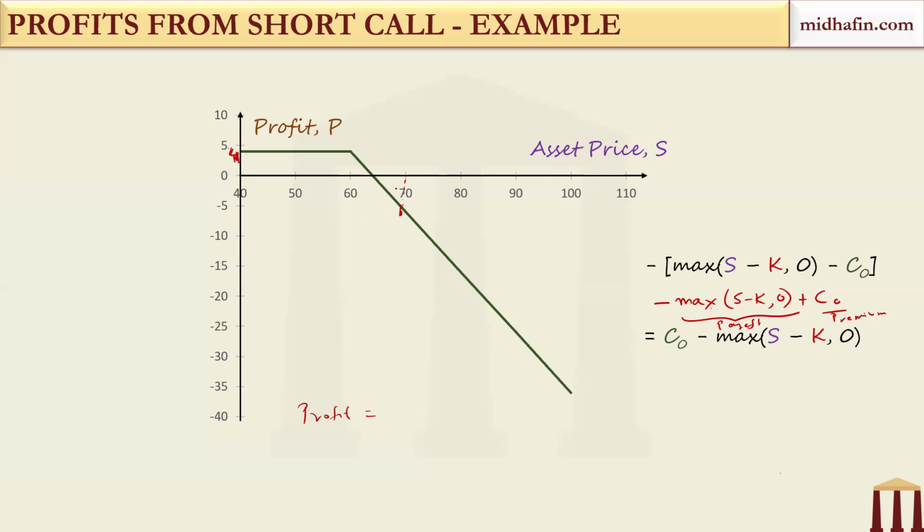The payoff itself is actually negative 10 for the short position. Even if you add the $4 premium, it will still be negative: negative 10 plus 4, which is equal to negative 6.